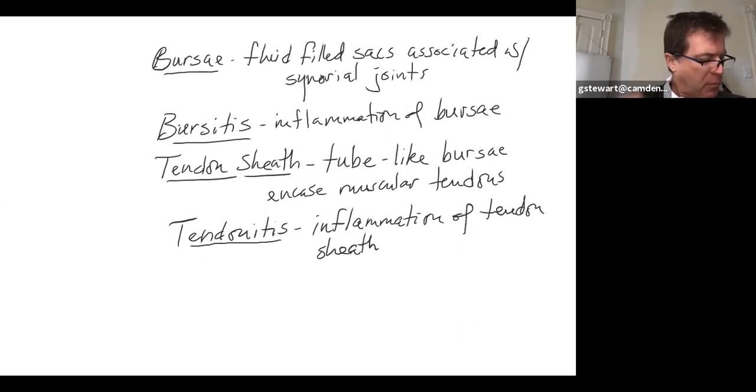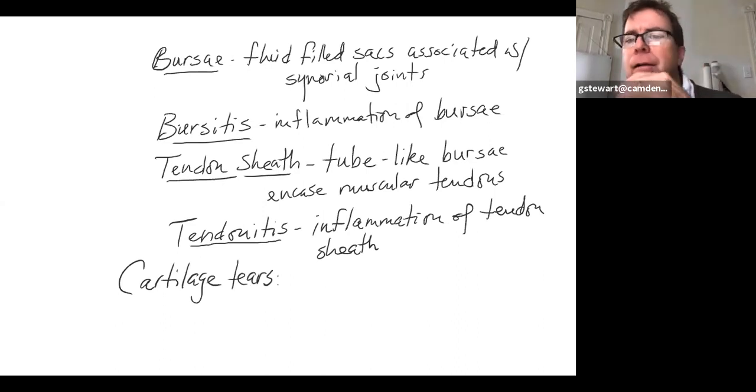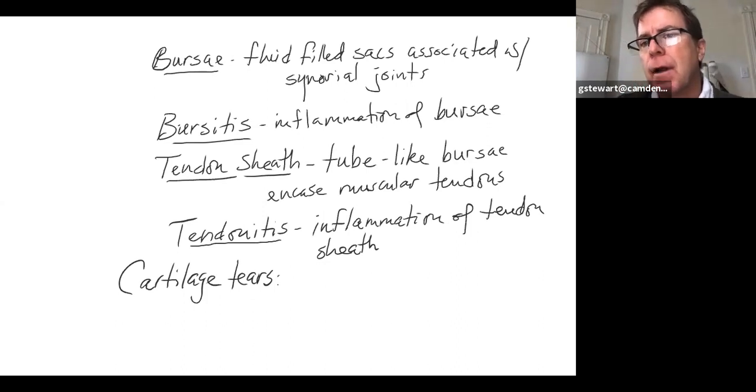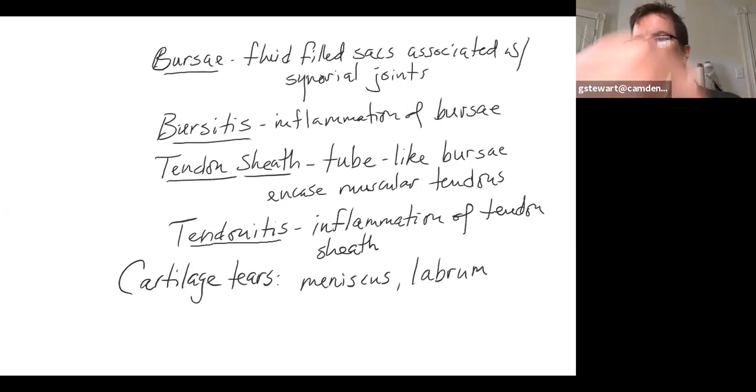Right, and then your book does mention cartilage tears, which are not uncommon at joints. The most typical places that cartilage gets damaged at a synovial joint are the meniscus and the labrum. So I'm going to write meniscus. Those articular pads, the meniscus and labrum, have a tendency to tear in pieces.